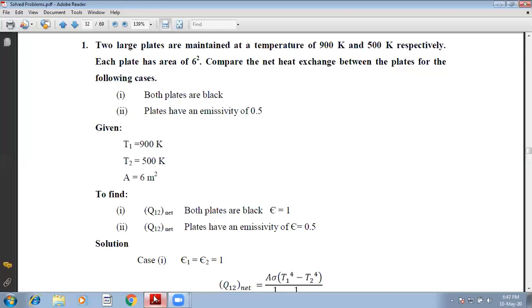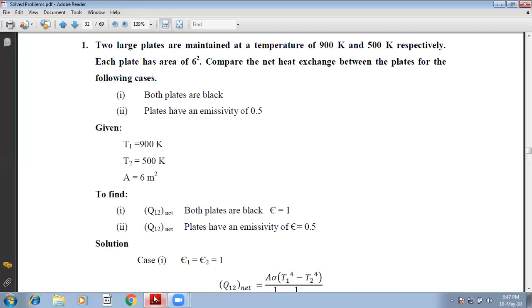And if you take the equation, Q is equal to sigma into A into T to the power 4, where sigma is the Stefan-Boltzmann constant, A is the surface area, and T is the temperature in absolute K.